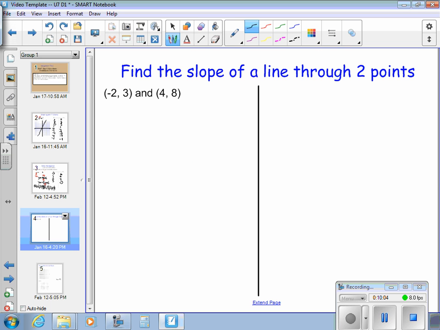Let's move on now to finding the slope of the line. Now the first thing, slope is rise over run. Rise being how far do we go up? So if we're going down, it's going to be negative.